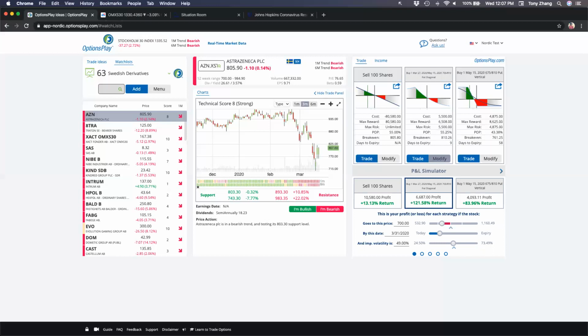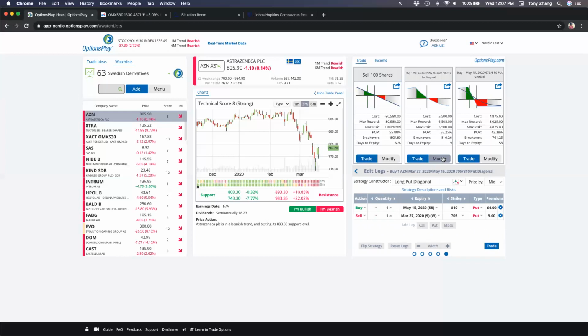But I will say this type of strategy requires very active management. It requires you to keep track of where the market is on every single stock, whether it's above or below that strike price that you sold. So in this particular case, 705, you need to make sure by next Friday, you look at whether the stock is above 705 or not. If it's above 705, these puts will expire worthless. You can continue to sell another put.